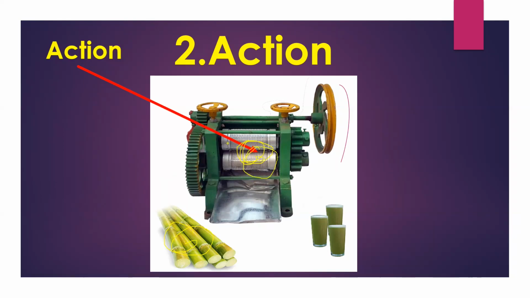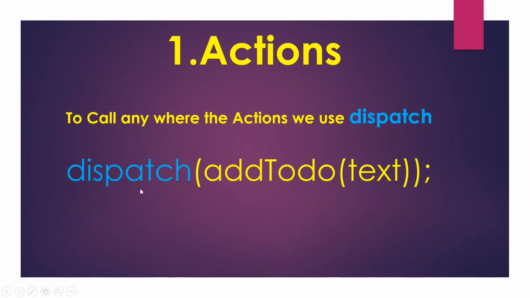So the action will be to rotate this, and then the sugarcane will be put here and the juice extracted here, right? So the task of extracting is the actual action. To call actions anywhere we use dispatch, as I have already mentioned, that if you want to perform any action, then we have to dispatch it through the dispatch method.